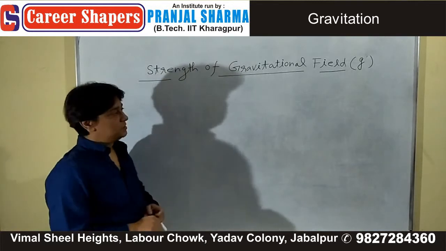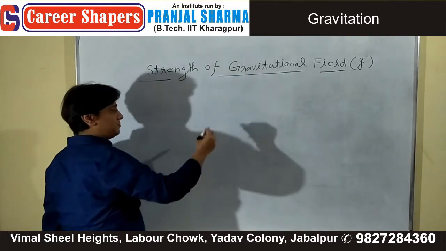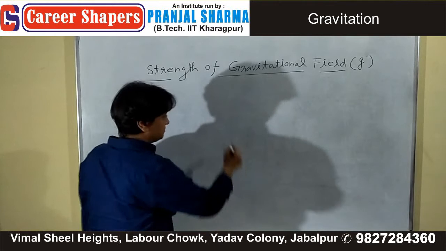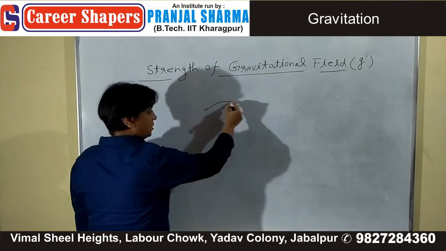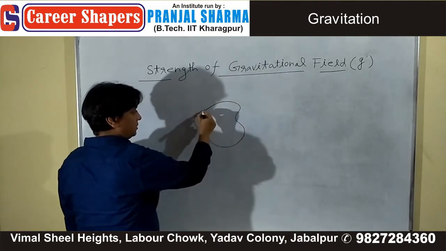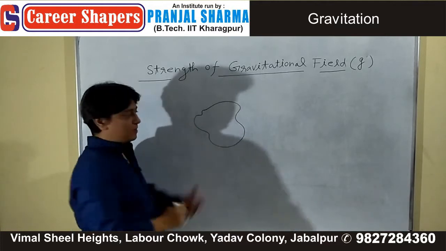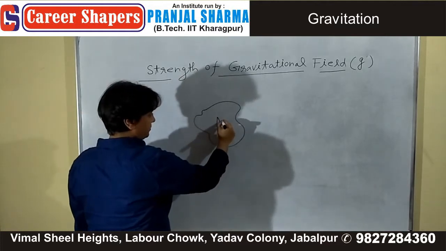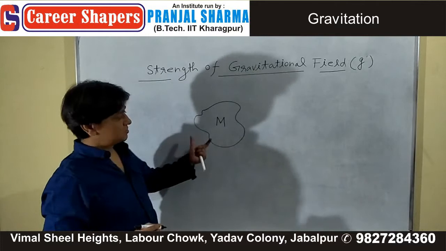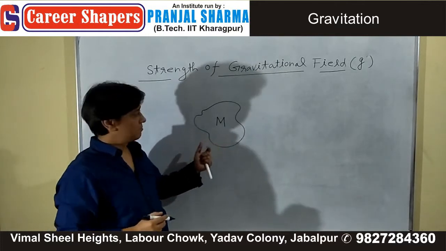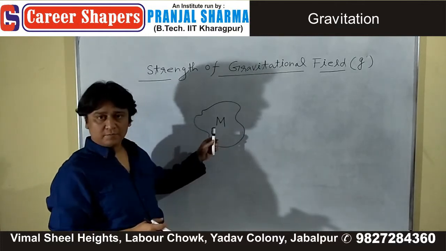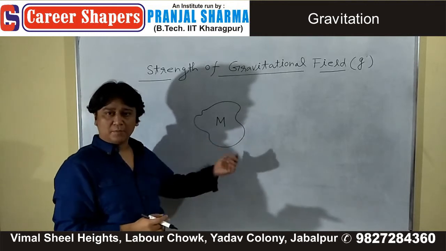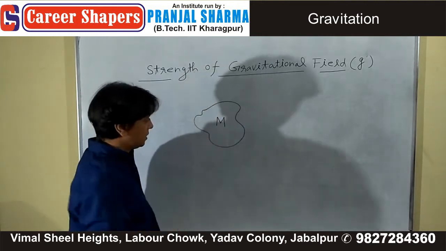Now look at the strength of gravitational field. Suppose we have a body of mass m. It's a random body. It can be a marker, it can be a sphere, it can be a point, it can be a ring.